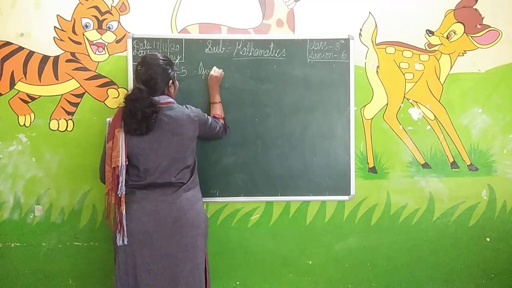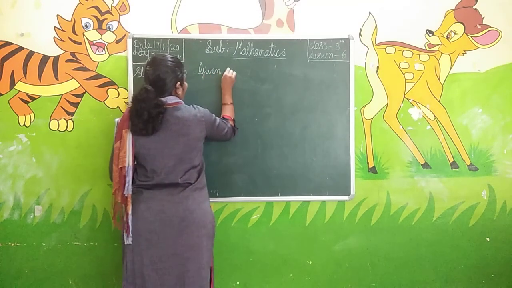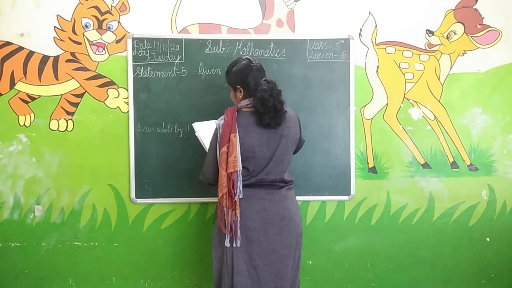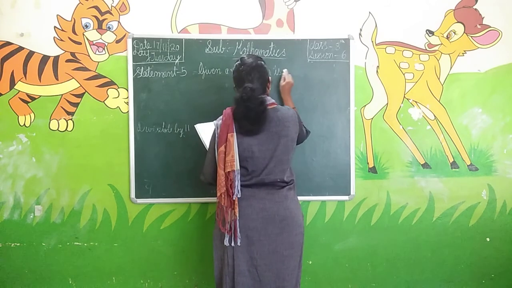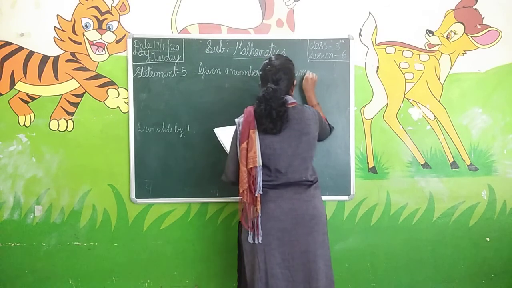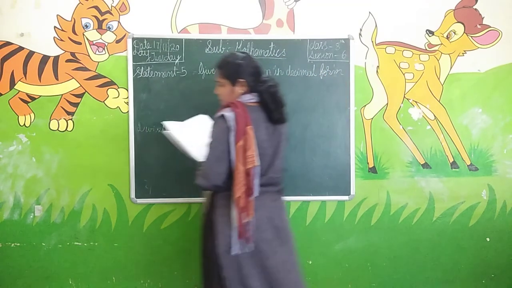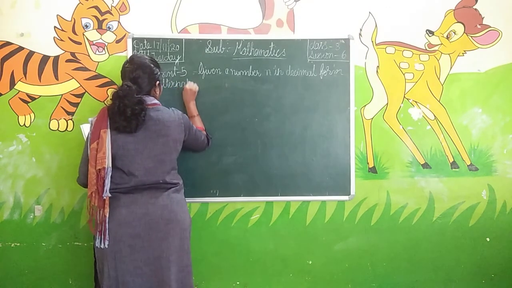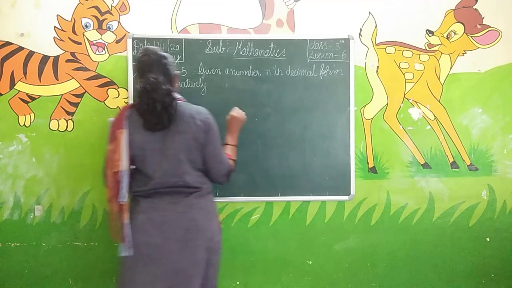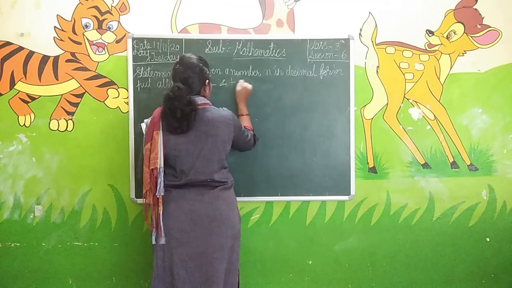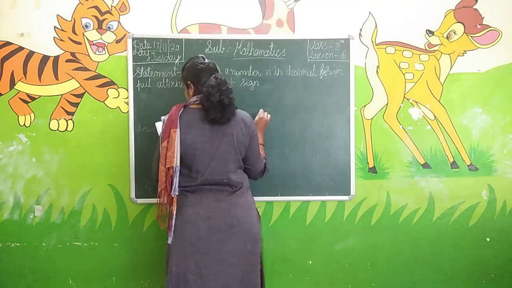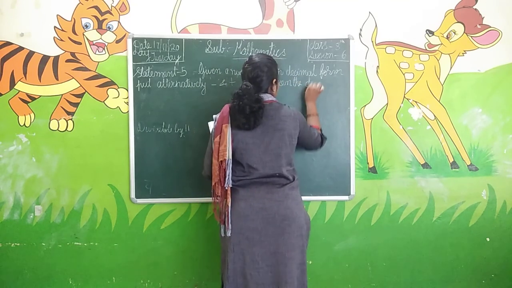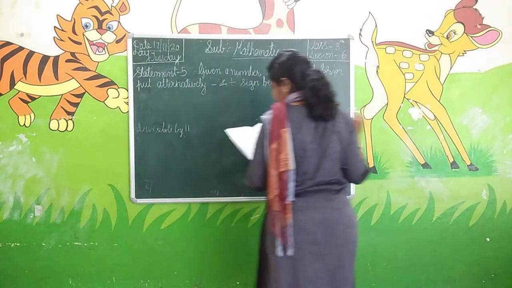Given a number n in decimal form, put alternately minus and plus signs between the digits and compute the sum.